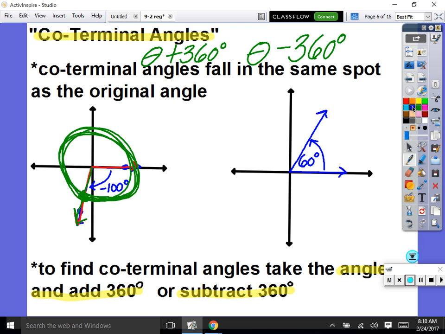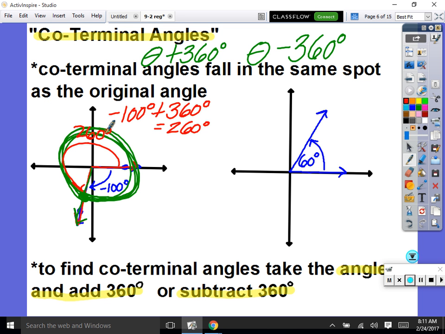So for example, guys, negative 100 degrees, add 360. What do we get? Negative 100 degrees plus 360 degrees is 260 degrees. So guys, 260 degrees puts me back at the same spot, right? There's 260. Does everybody understand? 260 degrees puts me at the same spot.